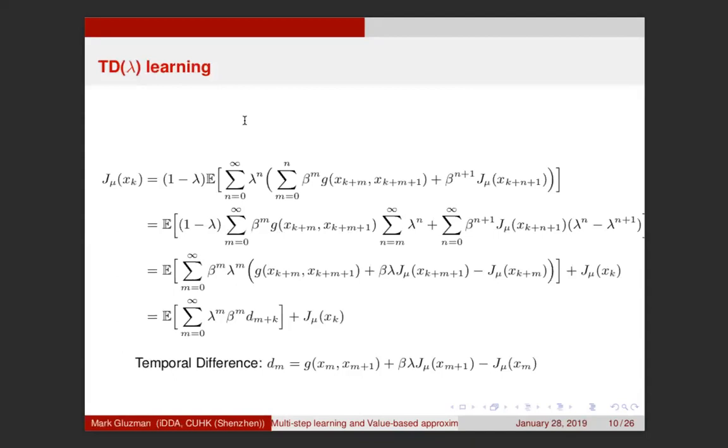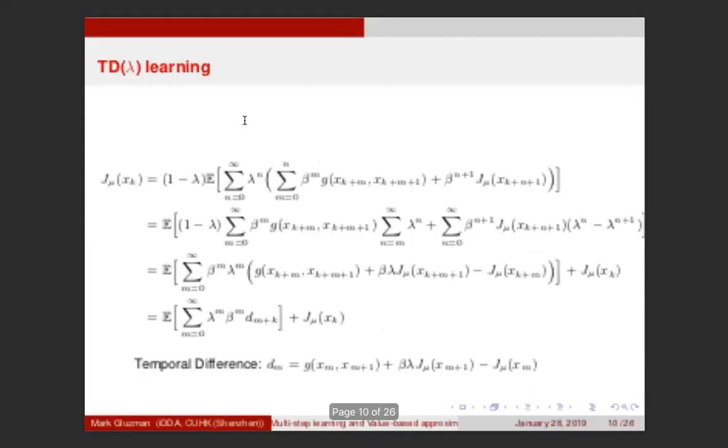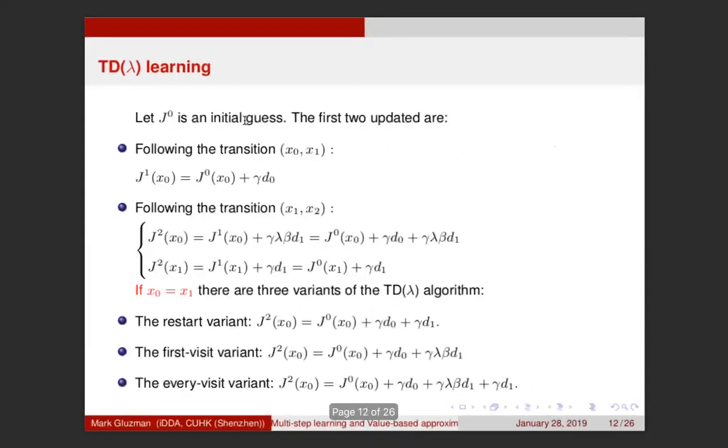We can just substitute the G lambda estimation of value functions in our updates, but it's easier to think about TD lambda based on this. Any other questions?